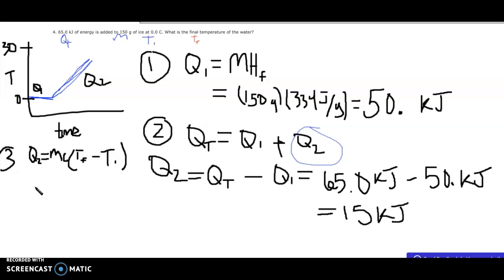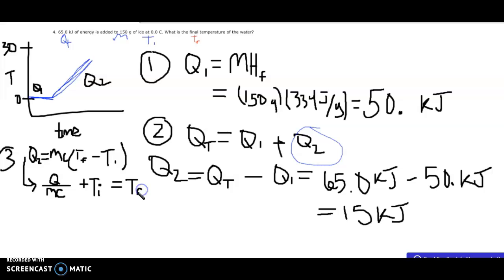Then we have to rearrange the variables to get temperature final by itself. So we end up getting Q2 divided by mass times specific heat, plus temperature initial, equals temperature final.